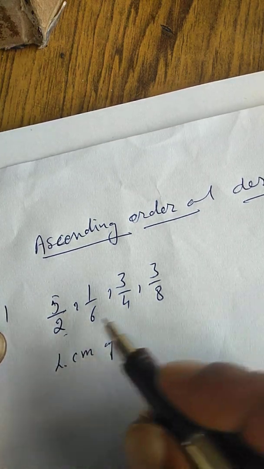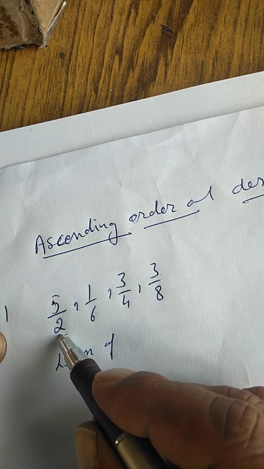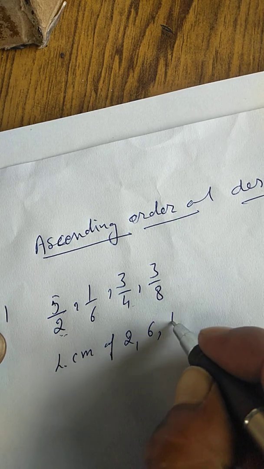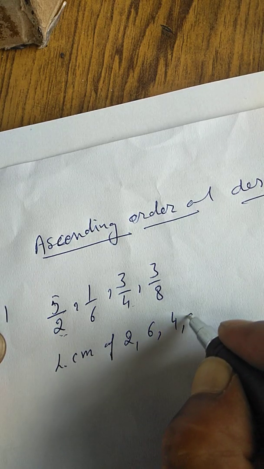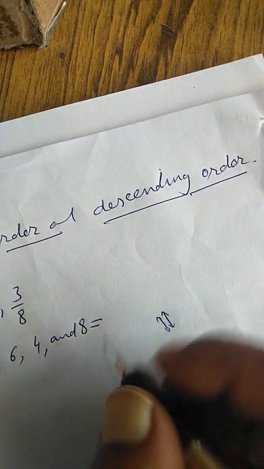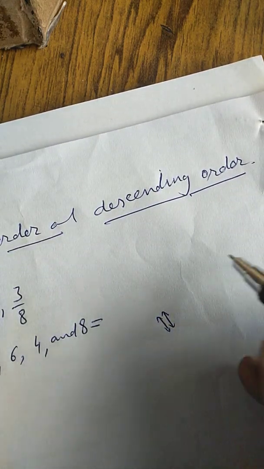So we will take the LCM of 2, 6, 4 and 8. What will be the LCM of 2, 4, 6 and 8?